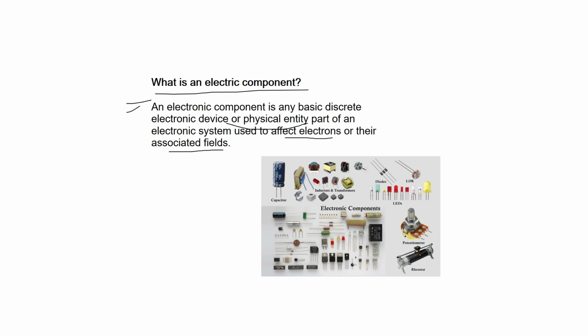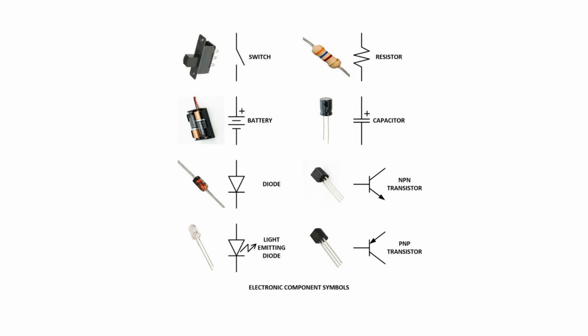So, among the electrical components that we have, things like the capacitor, inductors, transistors, diodes, light emitting diodes, and we can see them clearly over here.